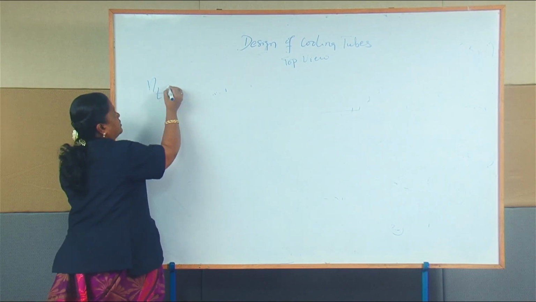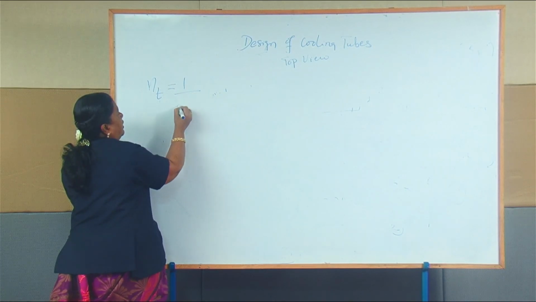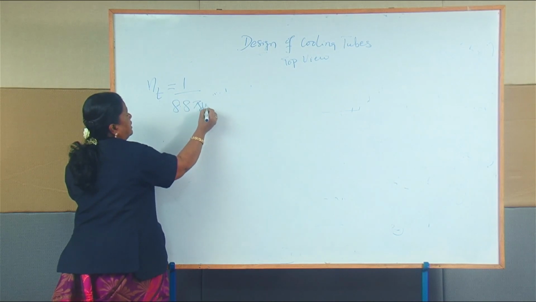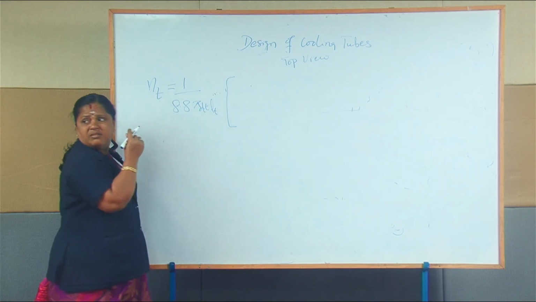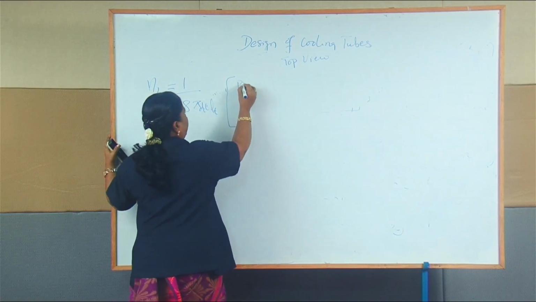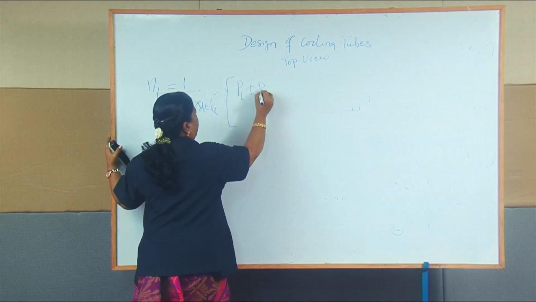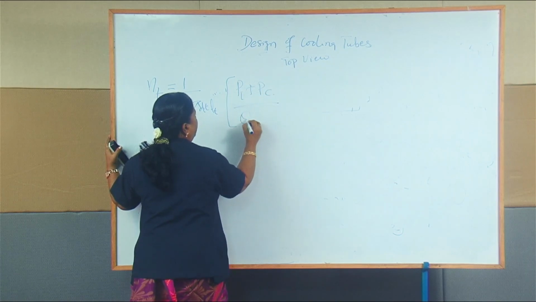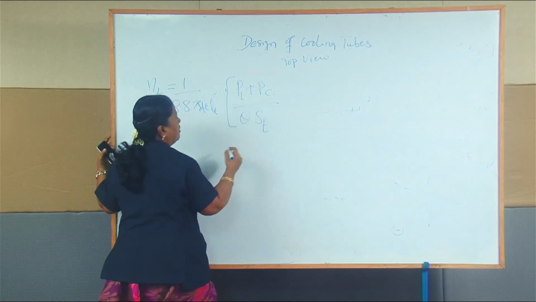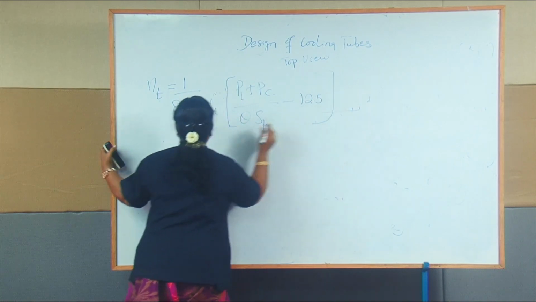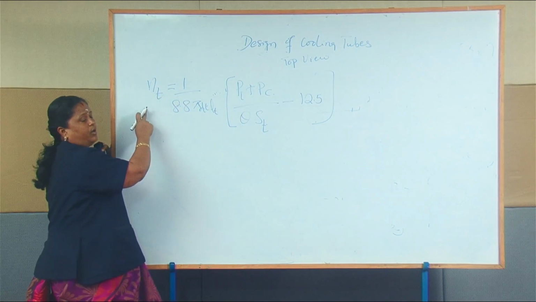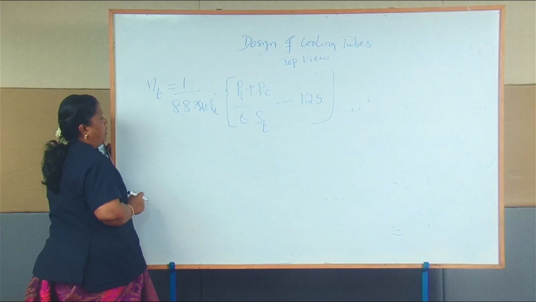Number of cooling tubes NT equals 1 divided by 8.8 pi dt LT in bracket Pi plus PC divided by theta S suffix T minus 12.5. This is the formula to calculate the number of cooling tubes, right?